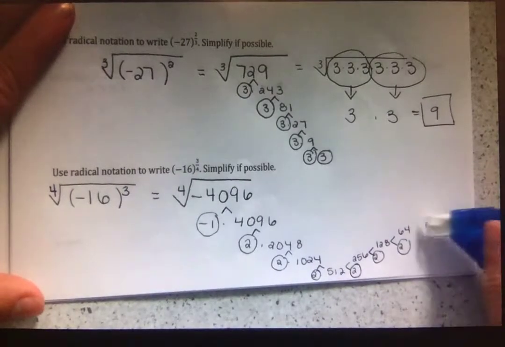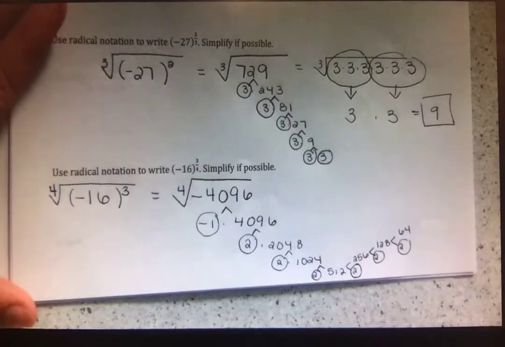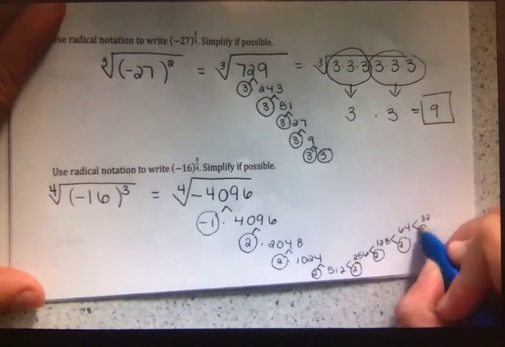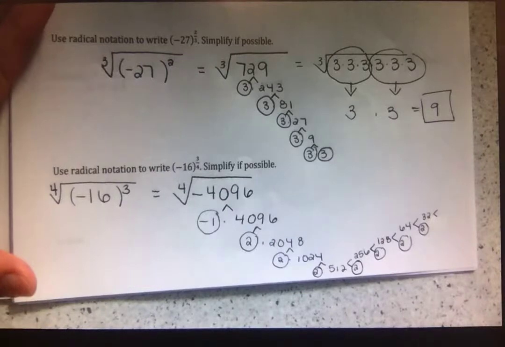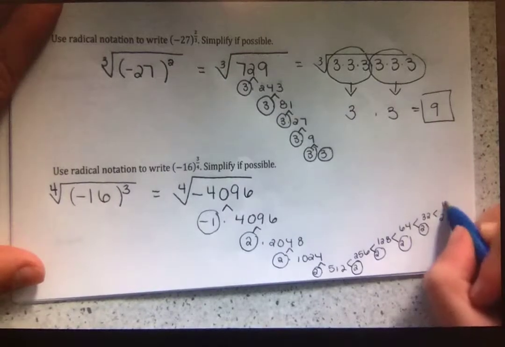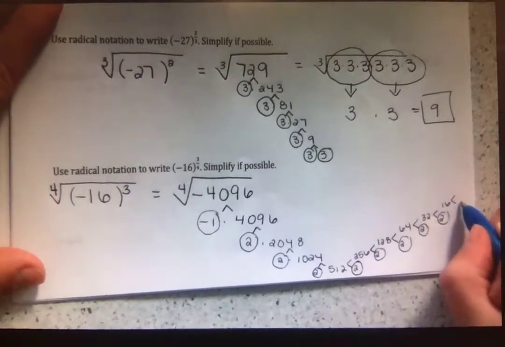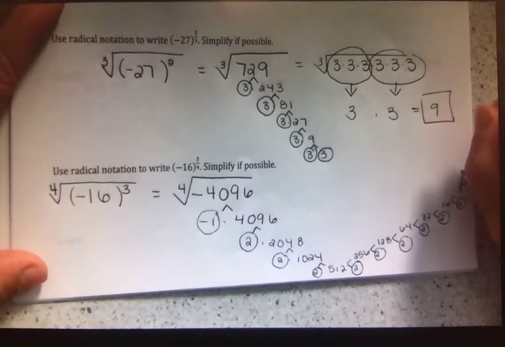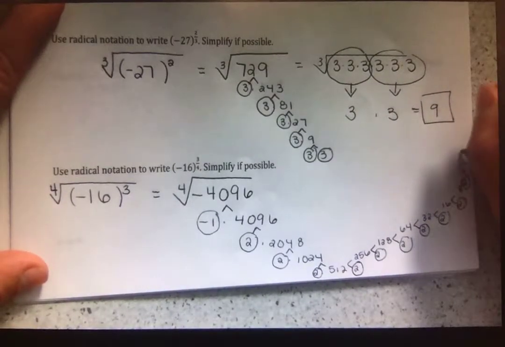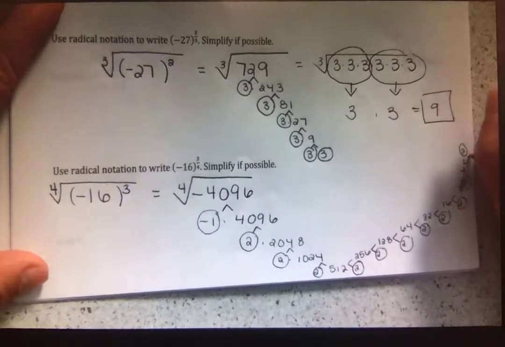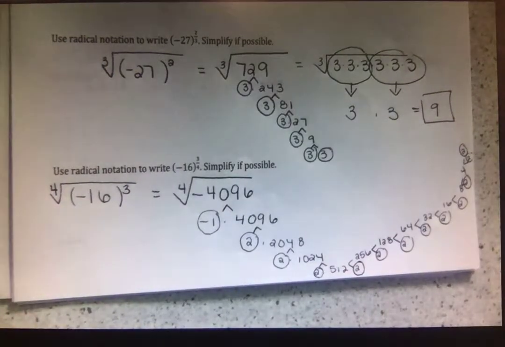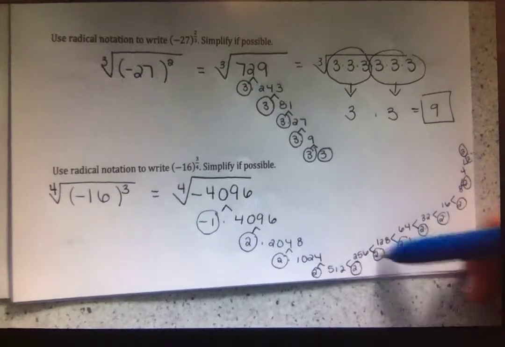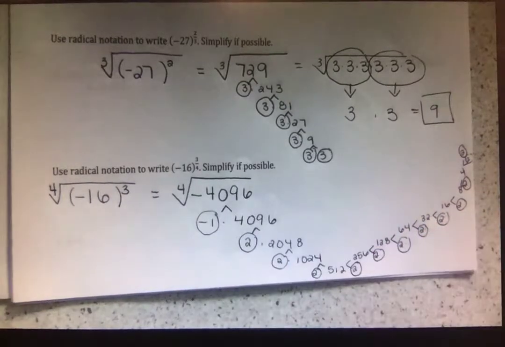This is in my way, so I'm just going to get rid of it. 64 is 2 times 32. 2 is done, so it gets circled. 32 is 2 and 16. 16 is 2 and 8. 8 is 2 and 4. 4 is 2 and 2. Whew, finally done. A lot of 2's. Let's go back. 1, 2, 3, 4, 5, 6, 7, 8, 9, 10, 11, 12 2's.